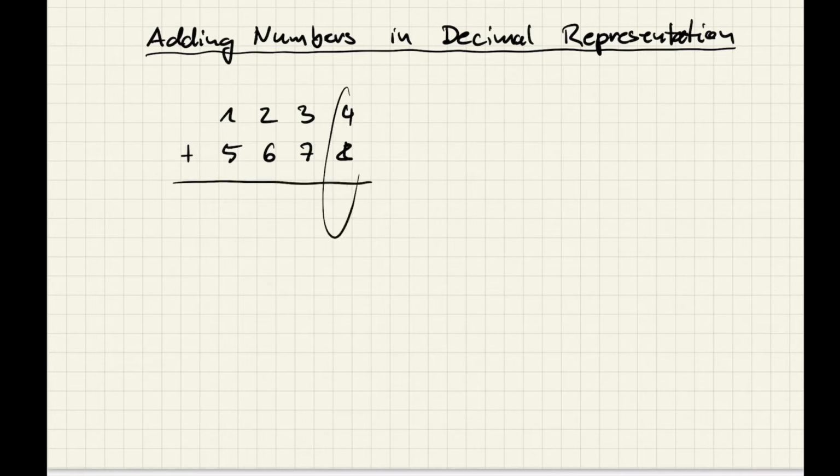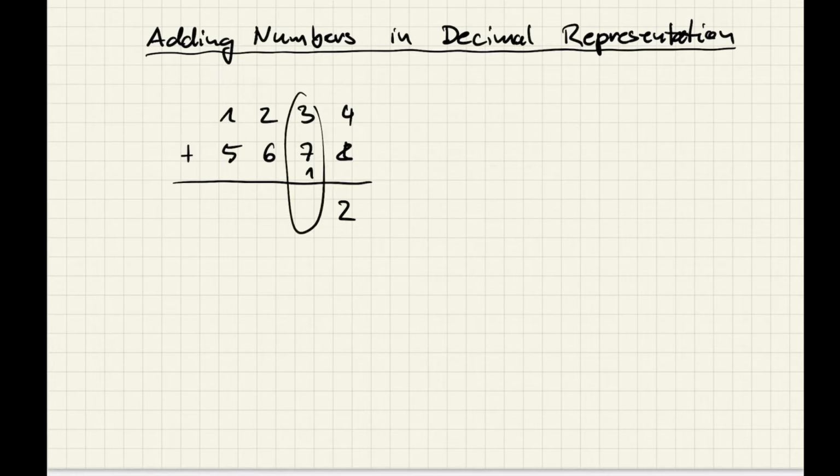We begin in this column where the digits have the smallest weight, the least significant digits, and then we have 4 plus 8. We have to add 2 digits and the result would be 12. Then I need 2 digits for the result, and 1 digit goes here and the other one goes here.